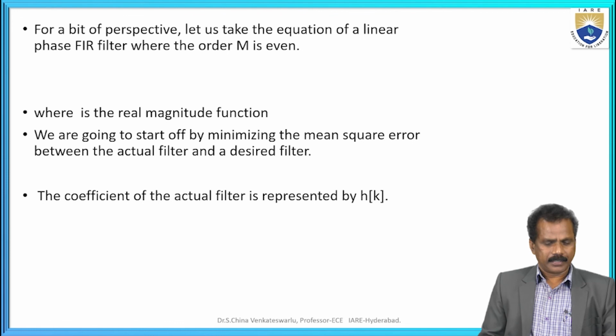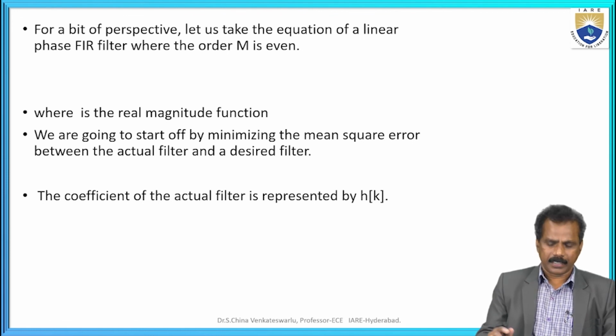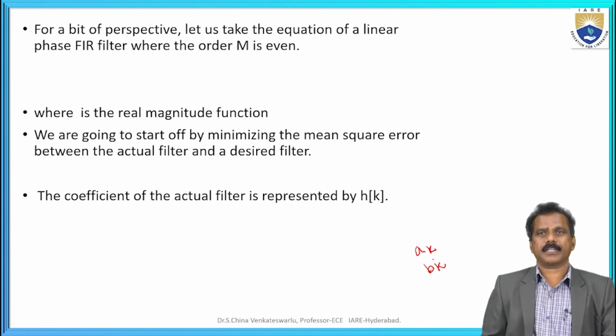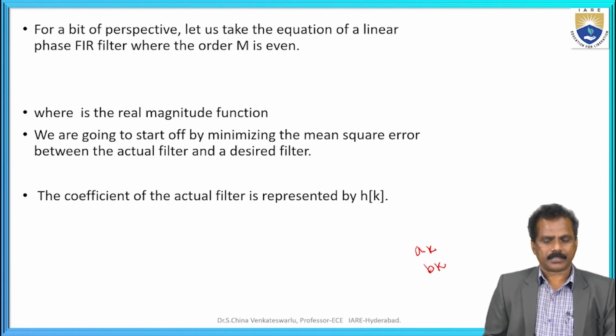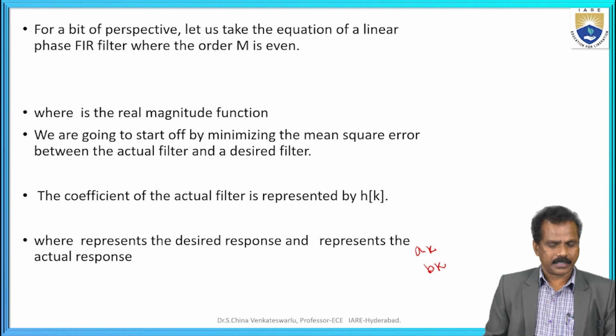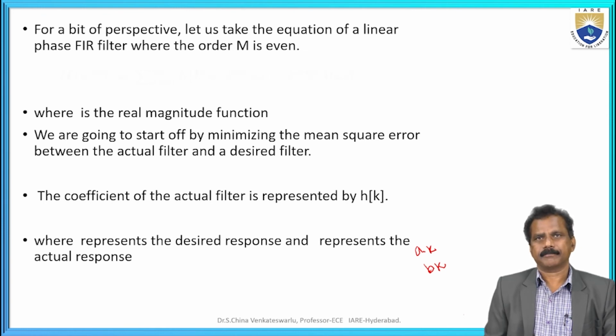The coefficients of the actual filter are represented by h of k. Normally, with an IIR filter, the coefficients are already calculated as a k and b k. But in this case, since we are designing a non-recursive filter, the coefficients of the actual filter are represented by h of k. Here, one represents the desired response and the other represents the actual response.